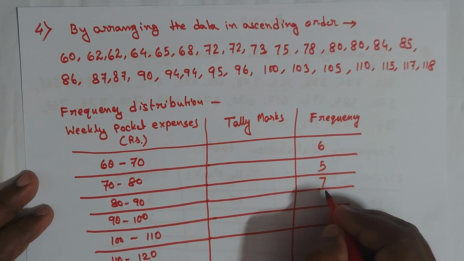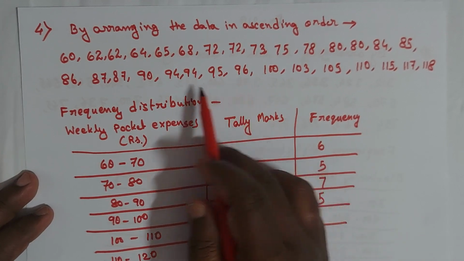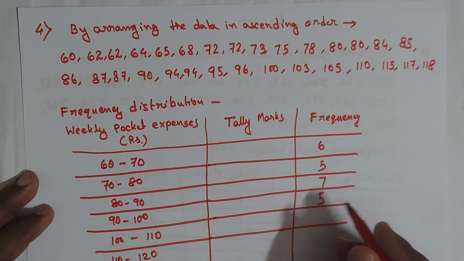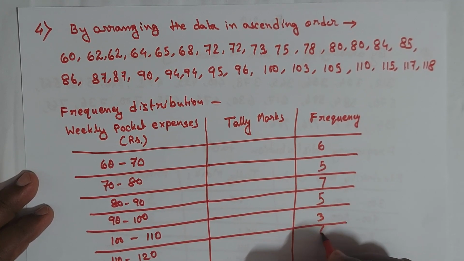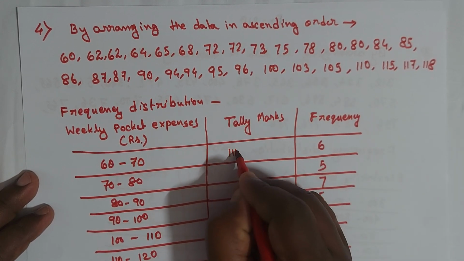Then 90 to 100 is 5 times. 1 2 3 4 5, likewise 100 is not counted. This is 3, this is 4 times. If you count it here, you can easily recognize.